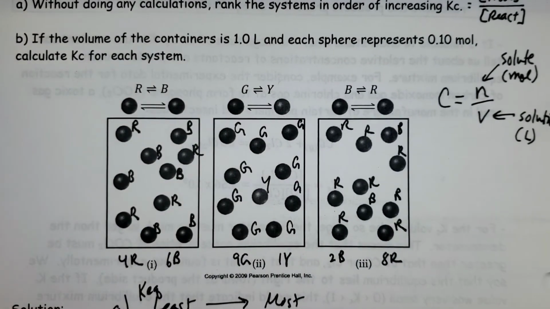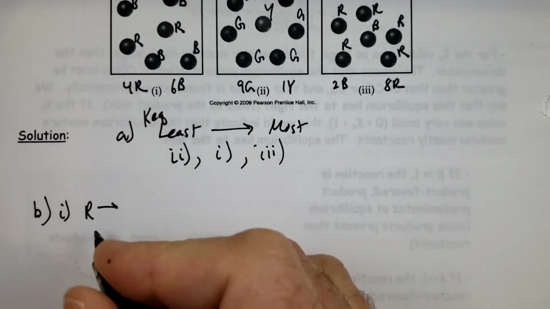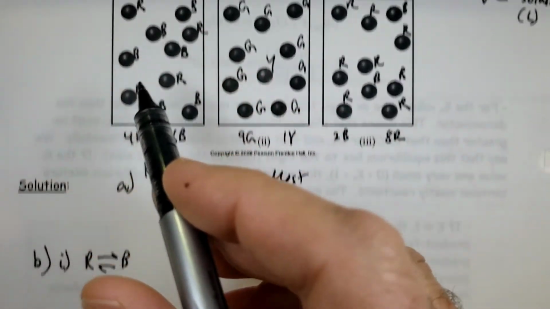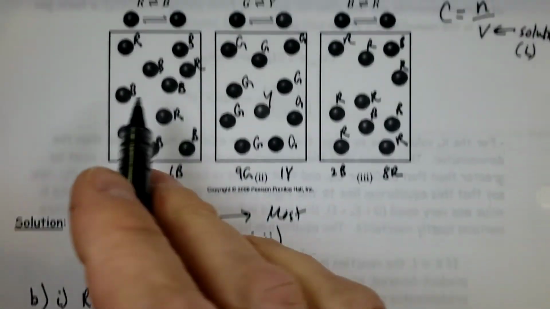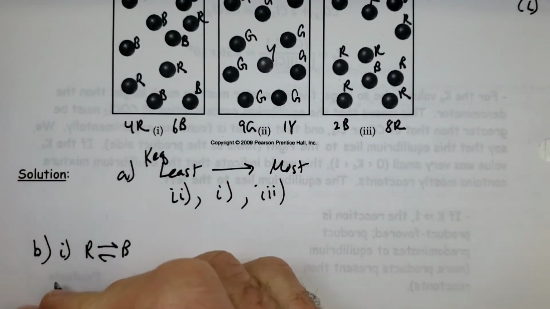So if we look at number 1 here, we're looking at red in equilibrium with blue. Each of these spheres we're told is 0.1 moles. And let's see how many we have here.